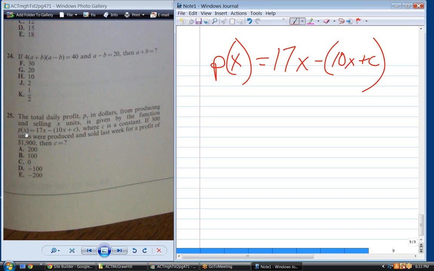However, if 300 units were produced and made a profit of $1,900, can I solve for c? Yes. Okay, what's the next thing I want to write? So wouldn't you equal it to 1,900? Tell me that.